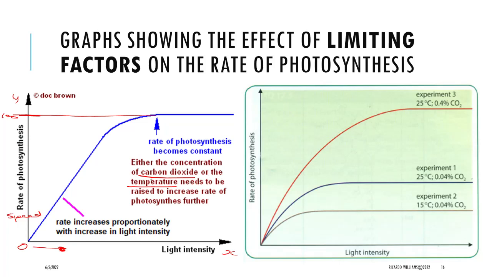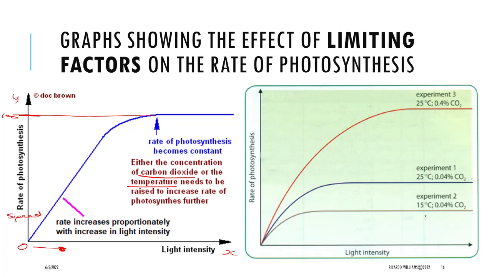So what that means, taking the case of carbon dioxide, is that the concentration of carbon dioxide needs to be increased as well in order for the speed of photosynthesis, or for glucose to be made, to be increased. Or maybe the temperature needs to be raised as well so that the enzymes can work faster so that the rate of photosynthesis can continue to increase.